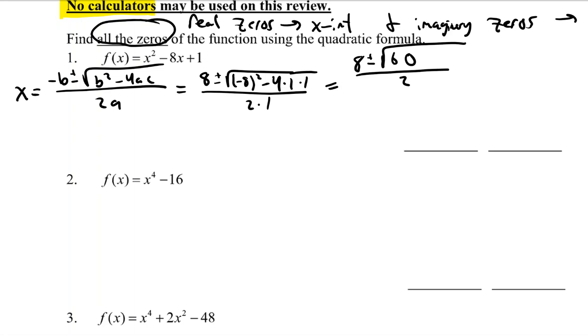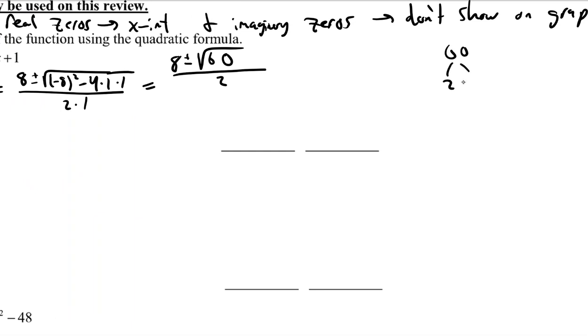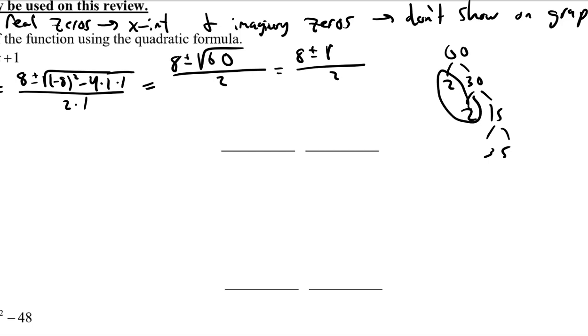And that's a pretty good start, but we do need to reduce our radicals. So 60 is like 2 times 30, 30 is 2 times 15, 15 is 3 times 5. So instead of saying the square root of 60, we can say 2 square root of 15.